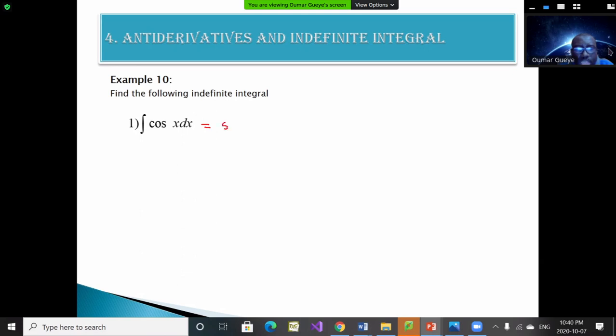You will get sine of x plus c, exactly. Don't forget the c. If you only use sine x, you get just one antiderivative. And for the second example, this is equal to the integral of x to the power negative 2.